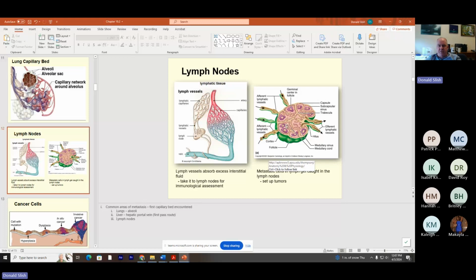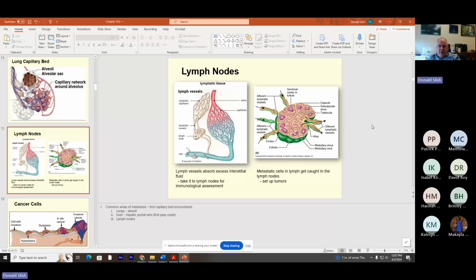They'll set up a tumor here and fill up the lymph node with cells. That's why often when someone's got a lump on the breast, the first thing they want to do is look at those lymph nodes. Is it metastatic? Is it starting to move? Because breast cancer will often metastasize through the lymph, and then the lymph nodes are the first thing that end up getting attacked.